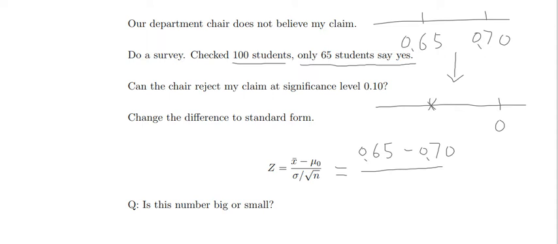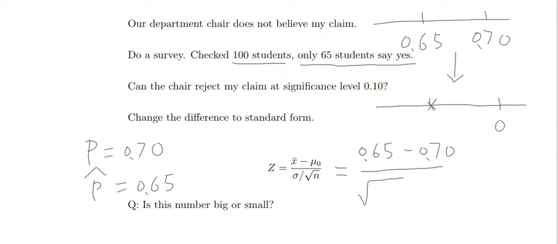And sigma, for here, is for a yes or no question. So sigma is radical PQ. We have two P's. I claim P is equal to 70, and from data this is 65. So we denote this 65 as P hat, meaning from data.